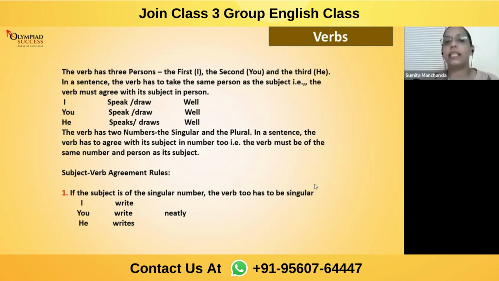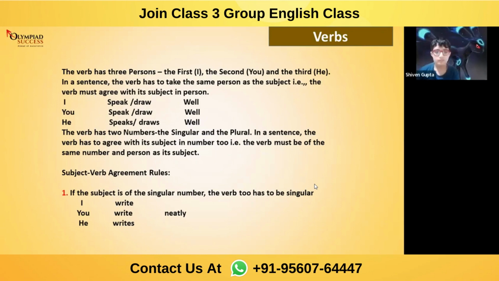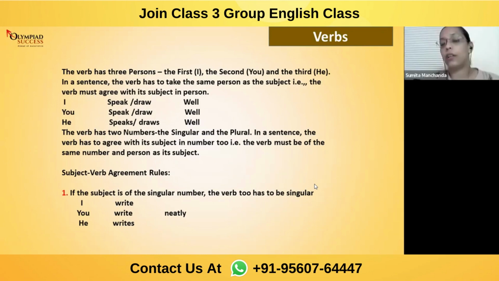Yes, beta, I said that only. I and you are the two exceptions. Only these two words, because I is a first person and you is a second person. So only these two are the ones which are not going to have S to the verb. Okay?